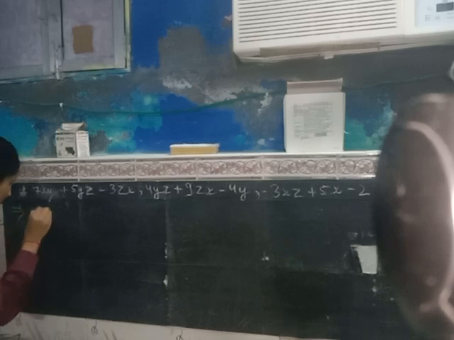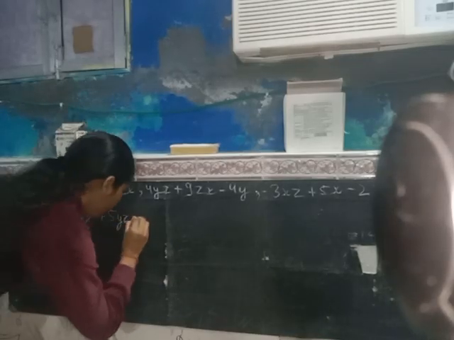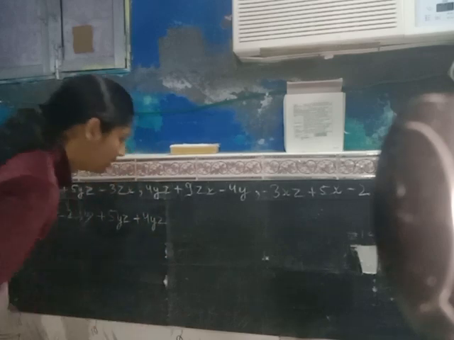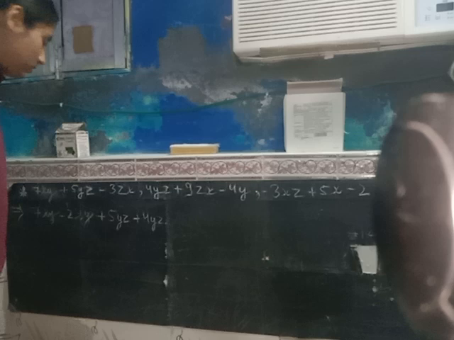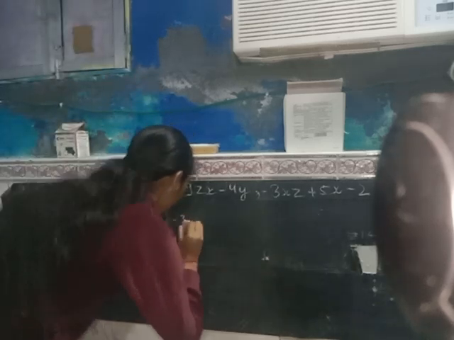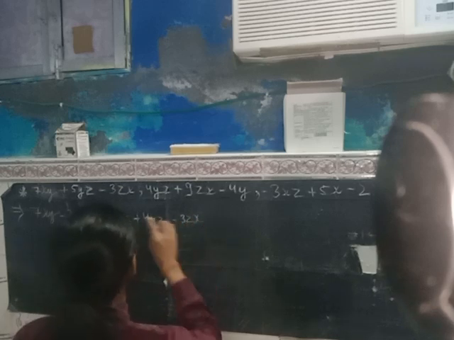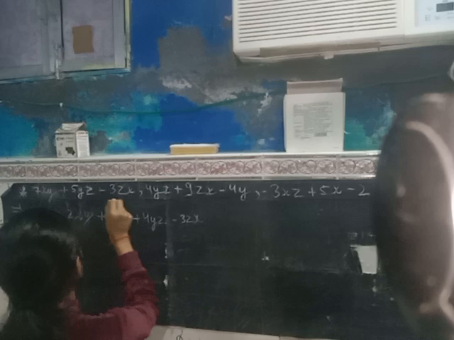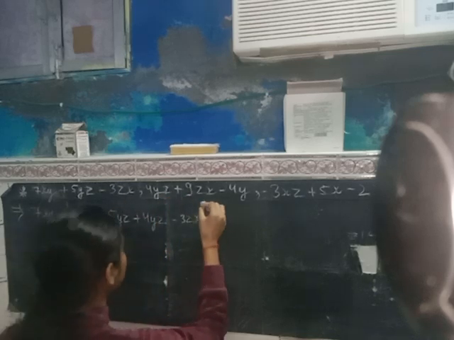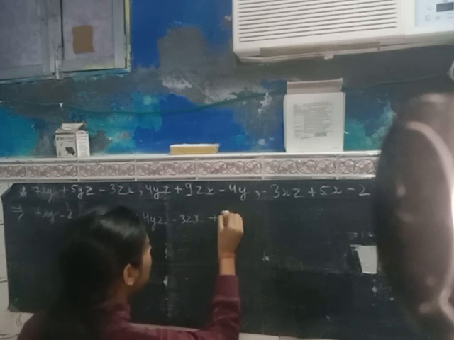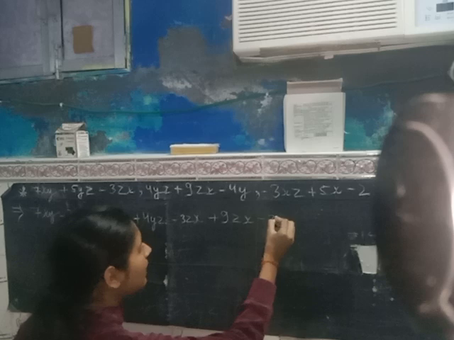First I will put like terms together, then I will solve. Here is 7xy minus 2xy, plus 5yz plus 4yz, then minus 3zx plus 9zx minus 3xz.